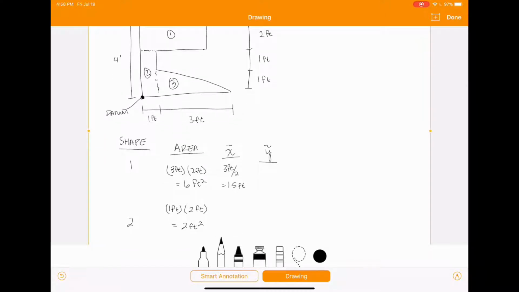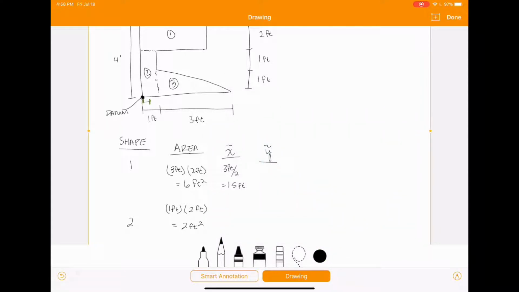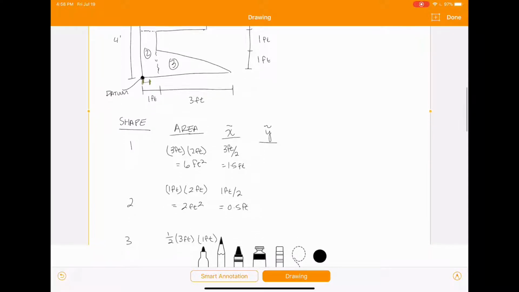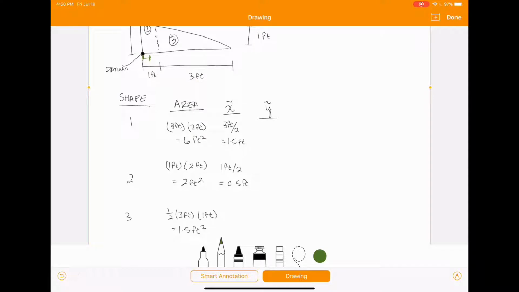And then for shape 2, again, from the datum over to the centroid of that individual shape. So for shape 2, we're going to have 1 foot divided by 2, which is going to be 0.5 feet for X tilde. And then for shape 3, again, the distance from the datum over to the centroid of that individual shape.